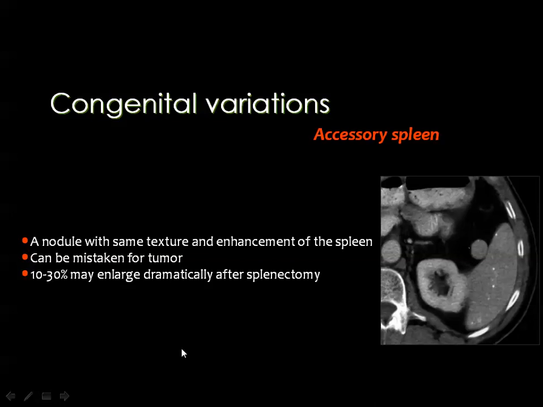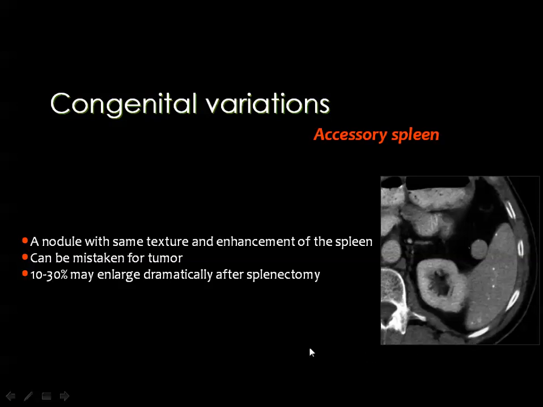Some of the congenital lesions of the spleen include the presence of a small accessory spleen, which is known as the splenule. The splenule is a small spleen which is located adjacent to the original one. It will show the same density of the splenic tissue in the pre-contrast scans and also in the post-contrast scans.